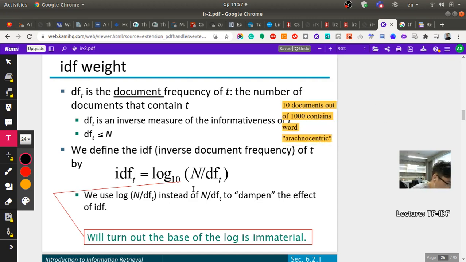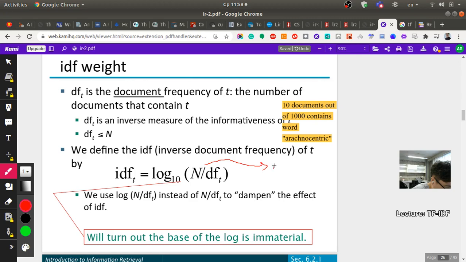To calculate this, we say that N will be 1000, and df is the document frequency.